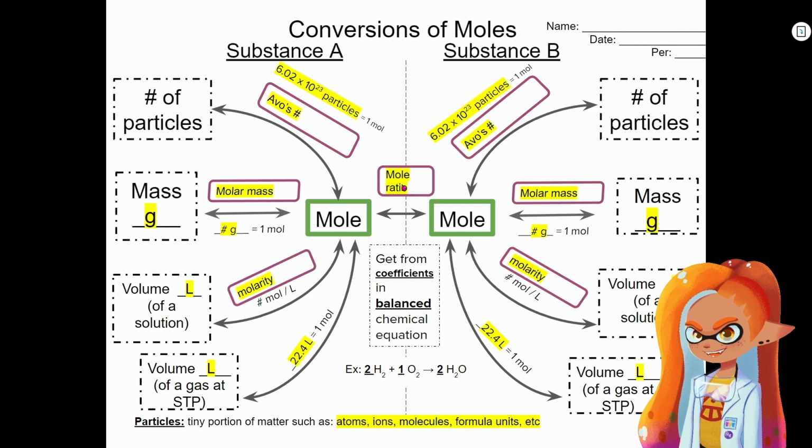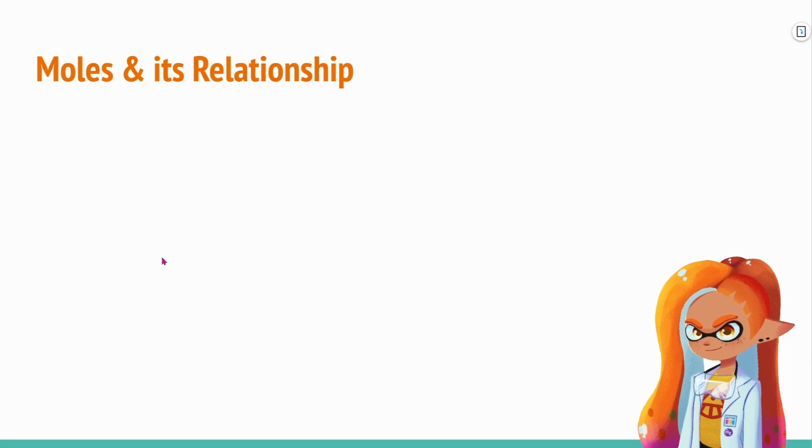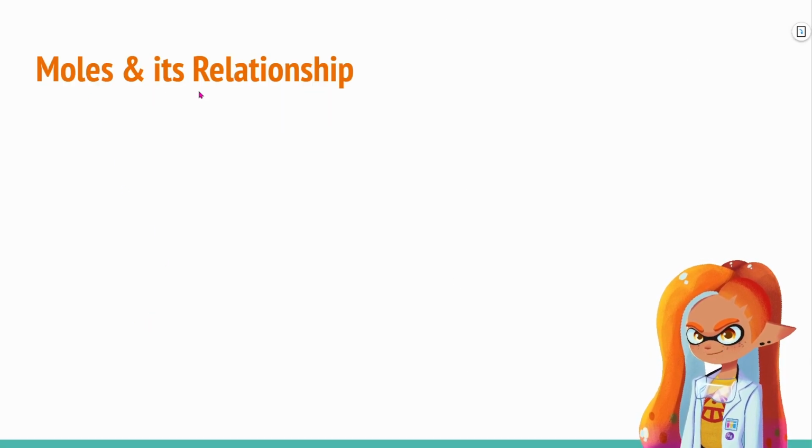We have the mole ratio in the middle. From the previous section, we talked about balanced chemical equations. The coefficients that we wrote on the front are the numbers we'd use to go from one mole of one substance to another mole of another substance. So we have the different moles and their relationship with stuff.